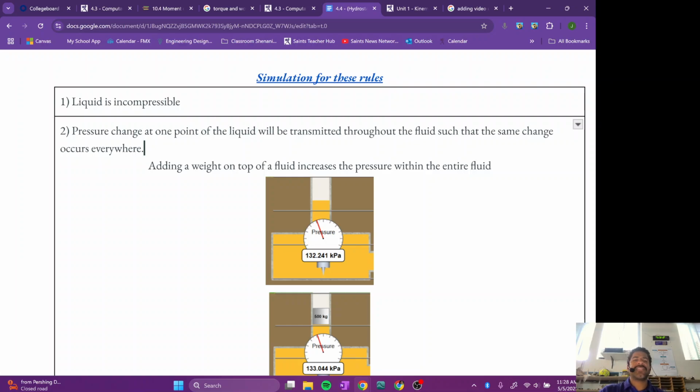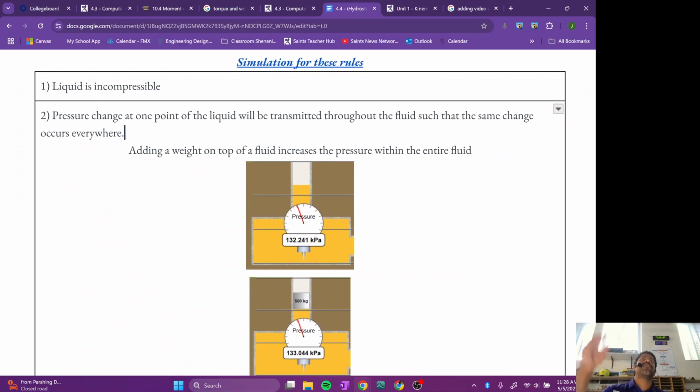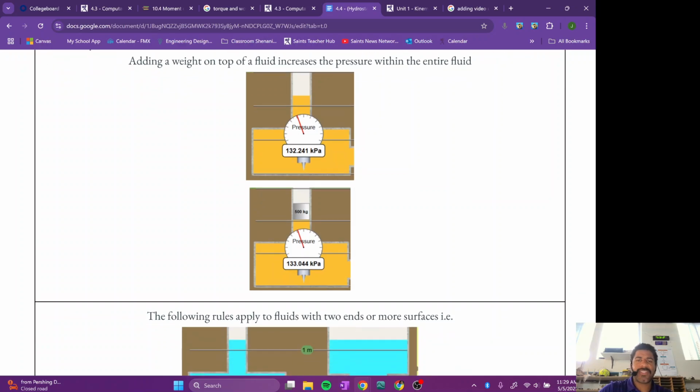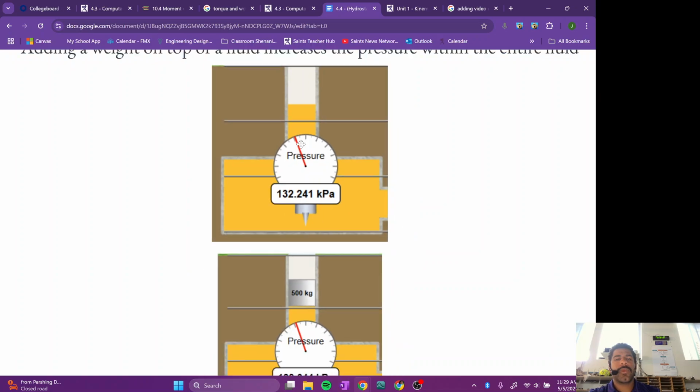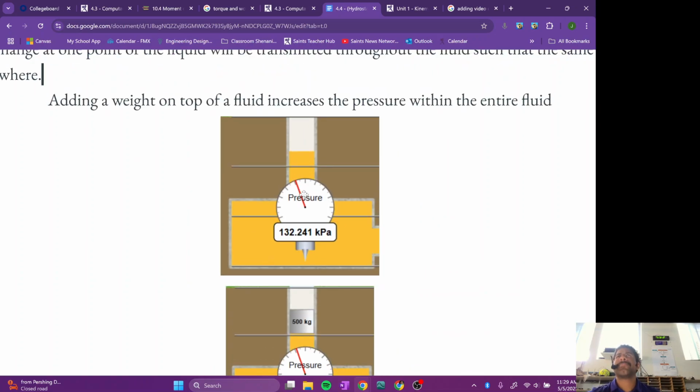So what that means is that any pressure that you put into the liquid is going to get distributed evenly throughout that entire liquid. So for instance, if I just have this liquid right here, this is honey. When I place a barometer inside of honey, it gives me 132 kilopascals because that's the absolute pressure taking into account the air, right?